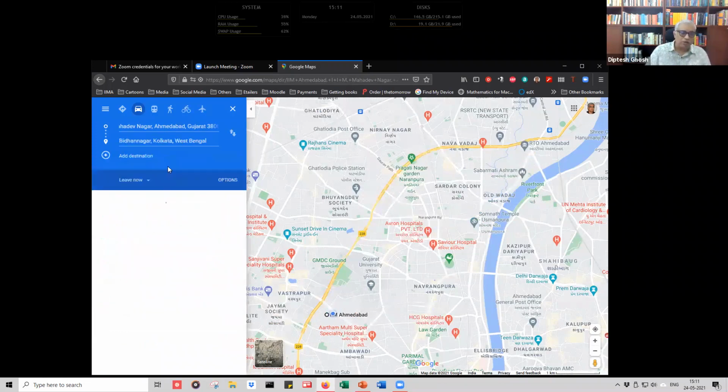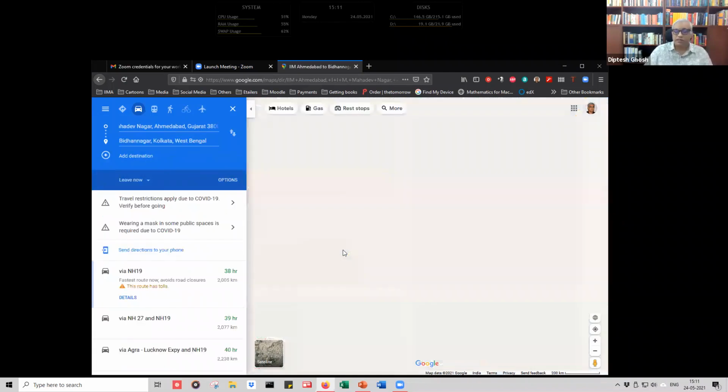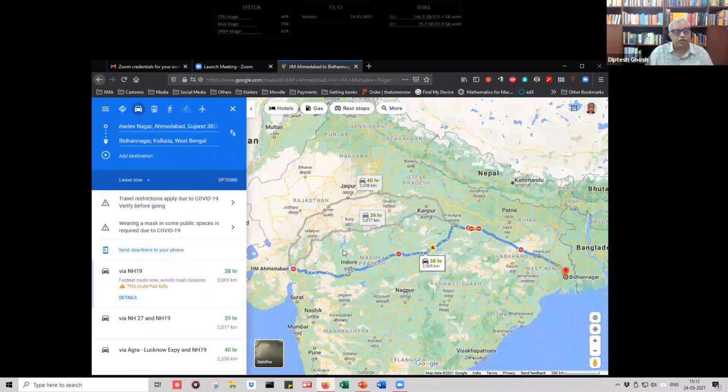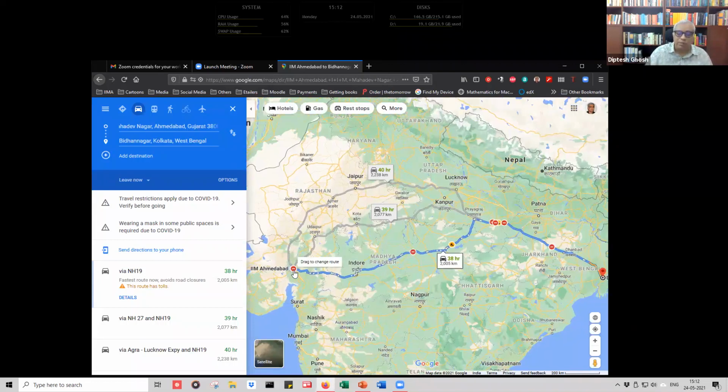I ask for options and I've got it. Notice that right now, the network that Google is searching is the network of roads across the whole country. And even if you don't want the whole country, it is looking at the network over this whole area, which is much, much larger than the network when it was looking only at Ahmedabad.